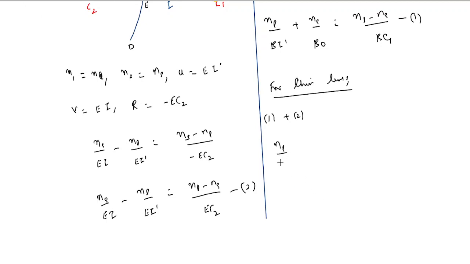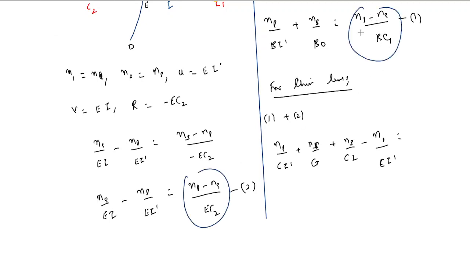So it is nl by CI dash plus nl by CO, here it is ns, not n, plus ns by CI minus nl by CI dash, that is equal to, from the right hand terms, nl minus ns is common.